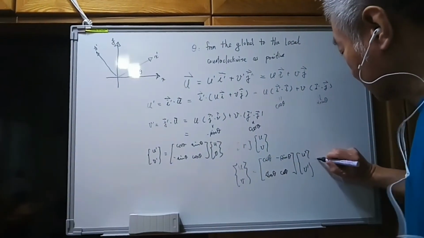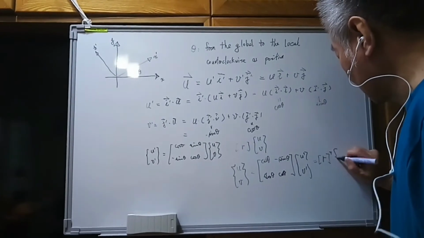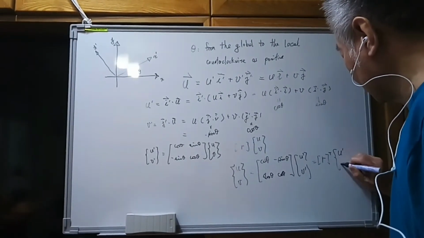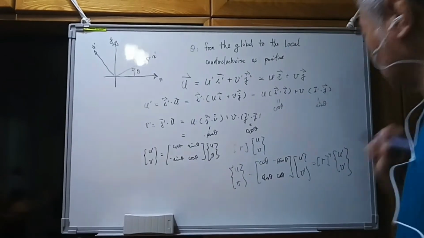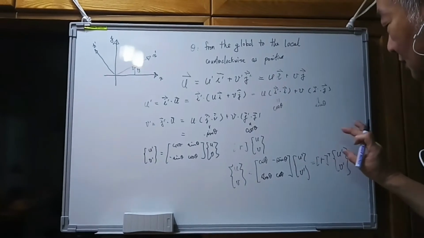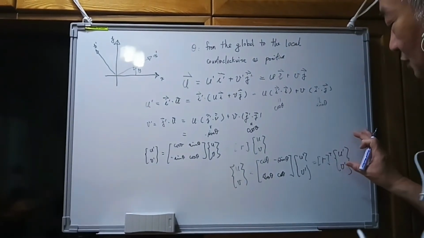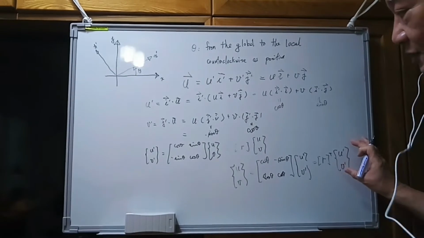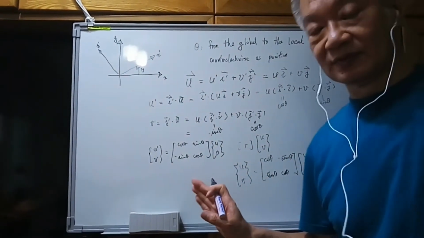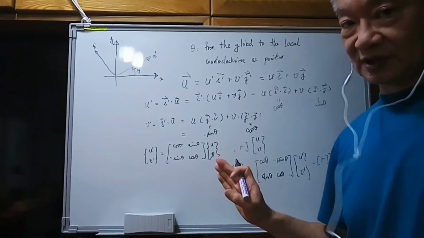And I will call this matrix the R transpose, times u prime and v prime. Okay, so remember if we multiply the R transpose to the vector components in the local coordinate system, then we can get the vector components in the global coordinate system.